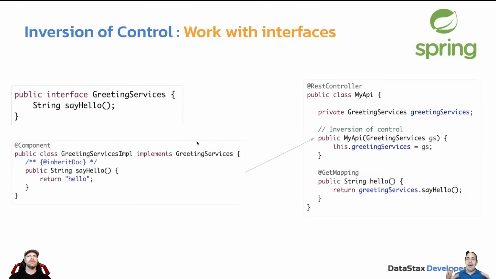The idea at the very core of Spring is what we call inversion of control. You define an interface and multiple implementations of the same interface. And at runtime the framework will decide which implementation to pick based on the name, based on some tips you can give to Spring.